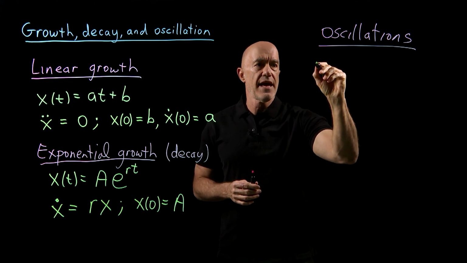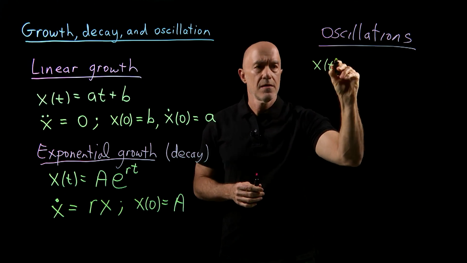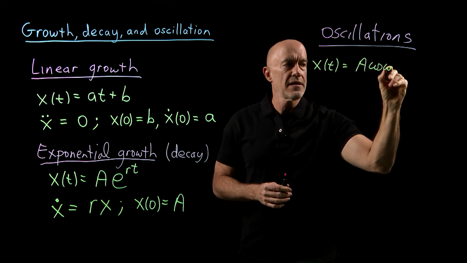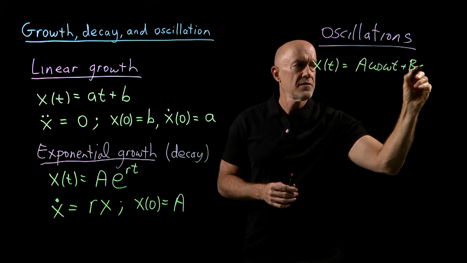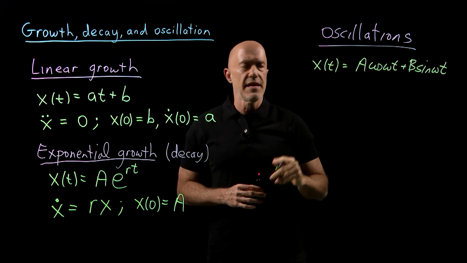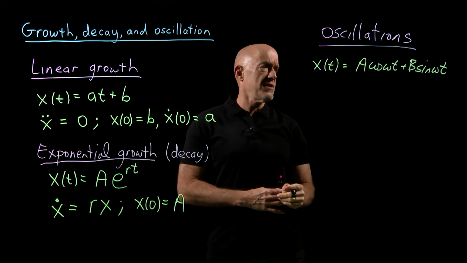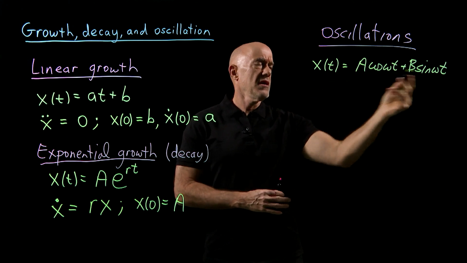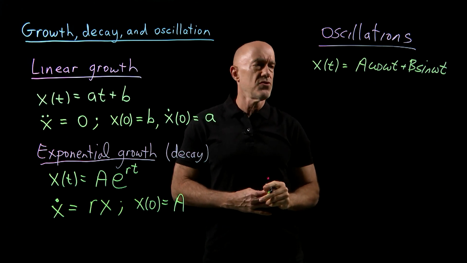So we can write x of t equal to a cosine omega t plus b sine omega t. Omega is called the angular frequency of the system. Okay, so that's a typical oscillatory solution.